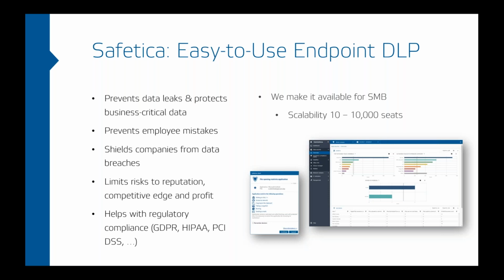What is our business, what is our goal, what is our focus? We prevent data leaks. We help companies to protect their business critical data. We also help the employees in the companies prevent their own mistakes. If they suddenly or unintentionally send an email with sensitive content to a competitor or somebody outside the company, it might be a big problem.